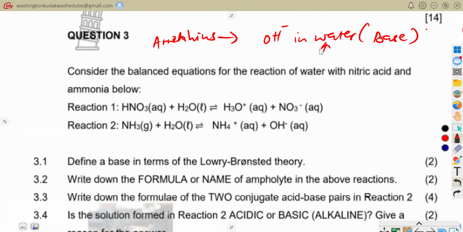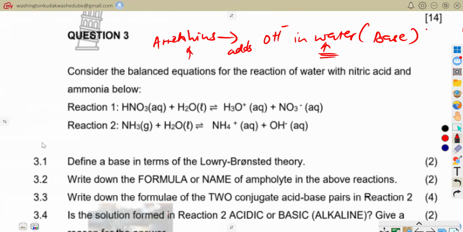So any substance that adds OH minus in water is a base in terms of what? Of the Arrhenius theory. Now Lowry and Bronsted saw that this theory was limited to what? To acids and bases in solution. What about those acids and bases that do not dissolve in water?